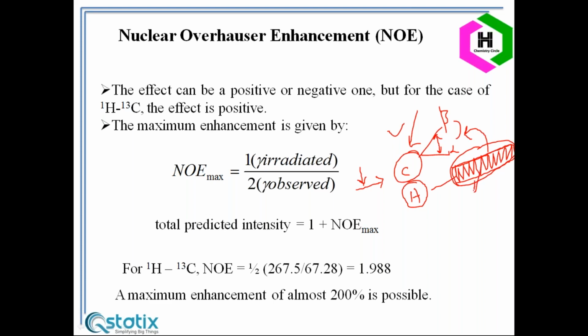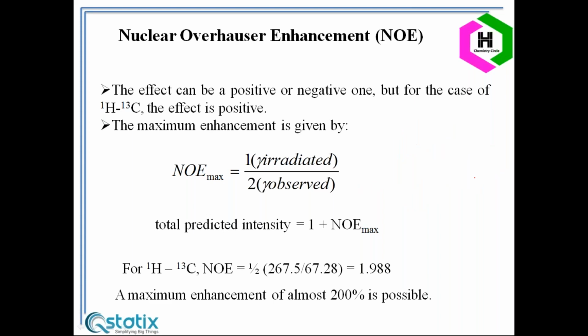This type of situation we call the saturation state. Here, the effect of the nuclear Overhauser can be positive or negative, but in most cases, especially with C13 and hydrogen, this effect is going to be positive.